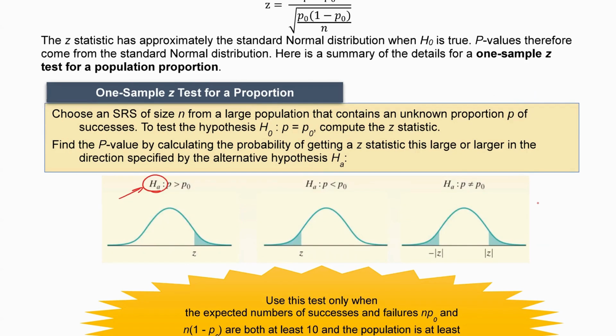For example, if our HA claim is that the population proportion is bigger than the p-naught, then we're doing an upper tail test, in which case the z-value and then infinity will be the first two values in our CDF function call. If we're doing a less than, then it's going to be a CDF in which we do negative infinity and then up to that z-value.